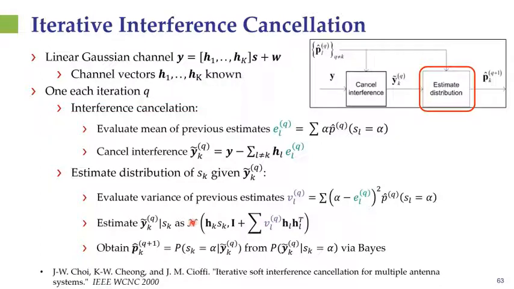By doing that, we essentially model the interference as noise with a known variance and mean. By doing so, we can now obtain an estimate of the conditional distribution of the desired symbol given the interference cancelled output from this Gaussian distribution via Bayes theorem.